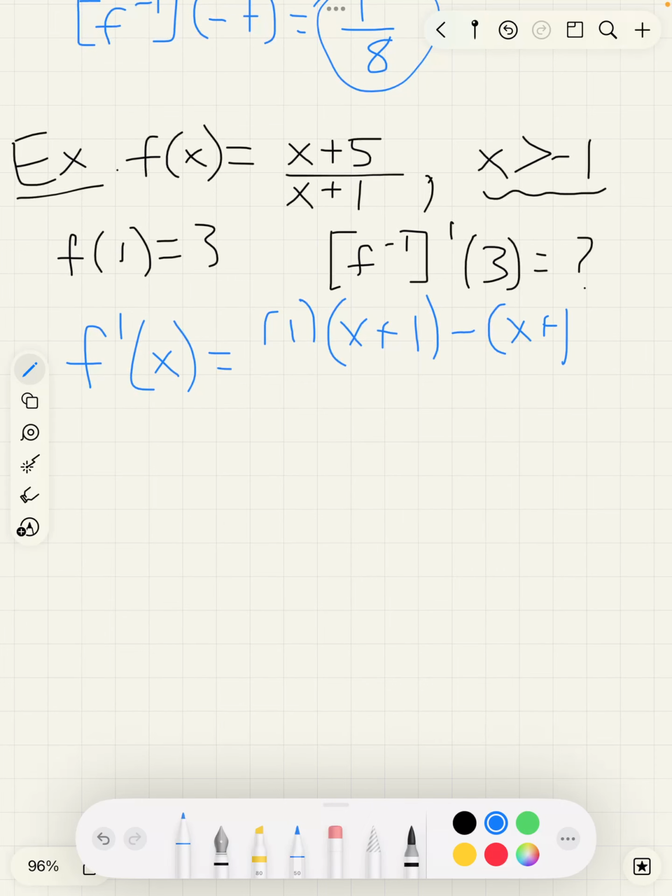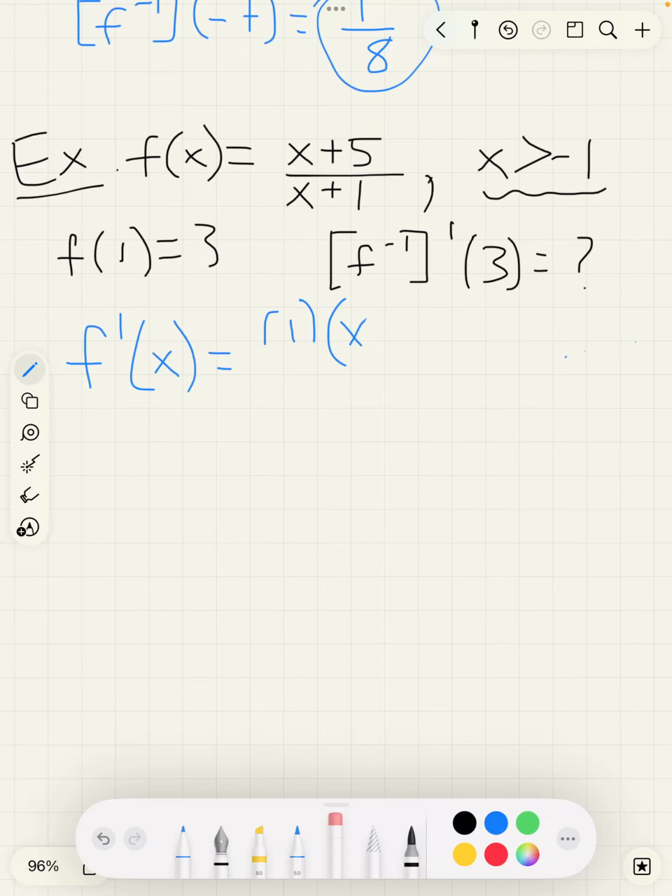Oh, whoops, that's 5. So the derivative of the top is 1.